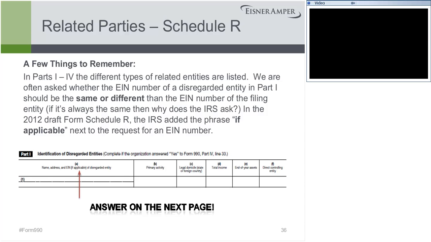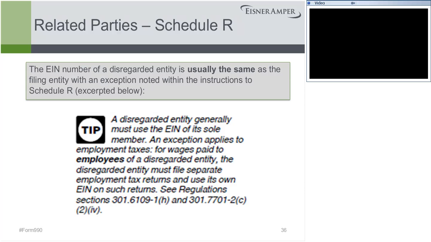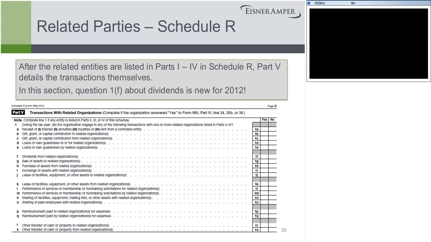Usually the main reason is because they have employees working just for the LLC and they have to file payroll, and they want that payroll under its own unique ID number so it doesn't get confused with the payroll of the charity. So there may be a unique EIN for this disregarded entity, but there may not be. And here the IRS actually put in the instructions why it might be different.